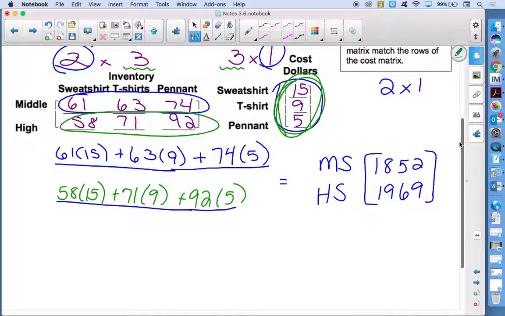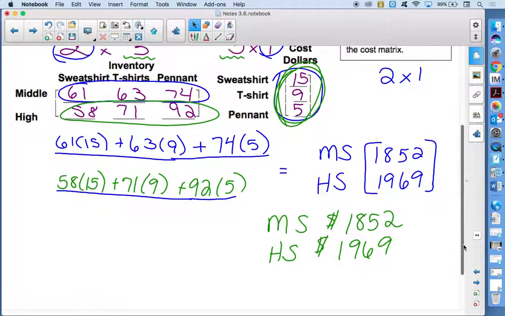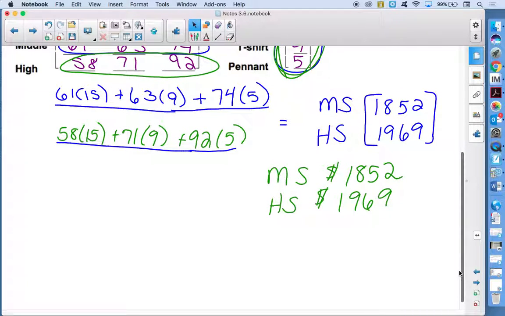So whether you want to put the dollars inside the matrix, my matrix is now 2 by 1, or you want to put them outside, somewhere you need to make sure that you are answering the question. Cost, inventory, money needs dollars. So the high school inventory cost is $19.69, the middle school inventory cost is $18.52, and that would be in dollars. Questions?